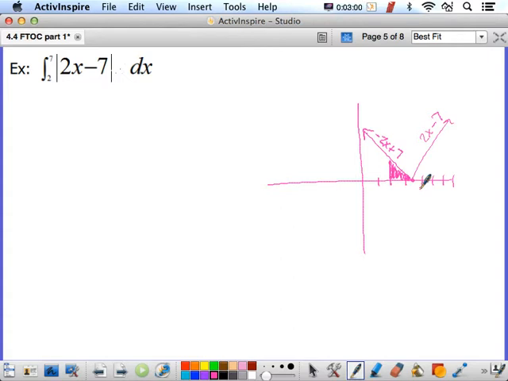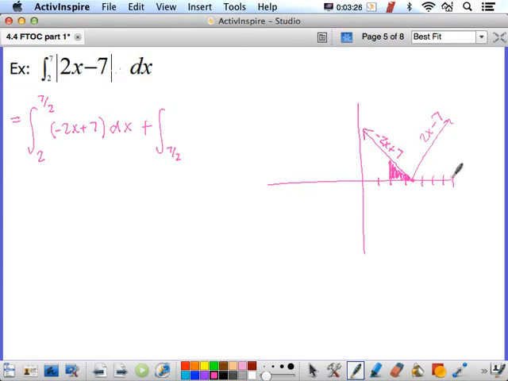So you have to break this into two separate integrals. From 2 to the vertex of 7/2, we are actually integrating negative 2x plus 7. And then you will always add to it the remainder. So I stopped at 7/2, and now I'm going to go up to what? 7.